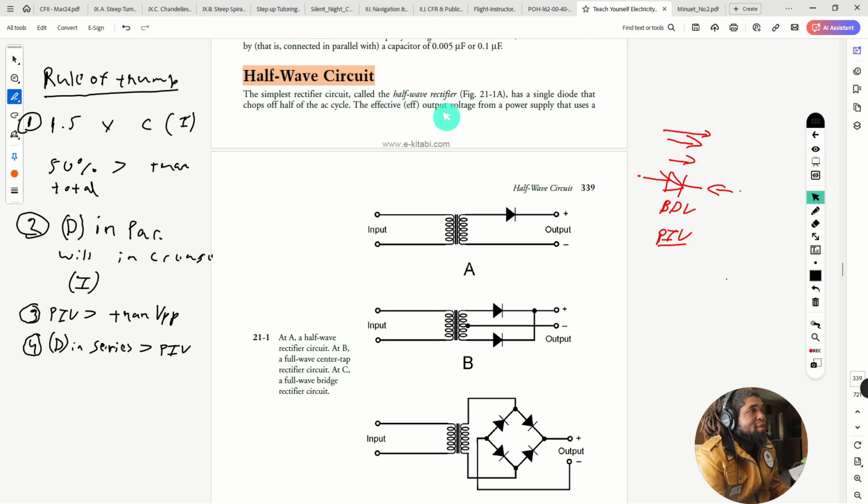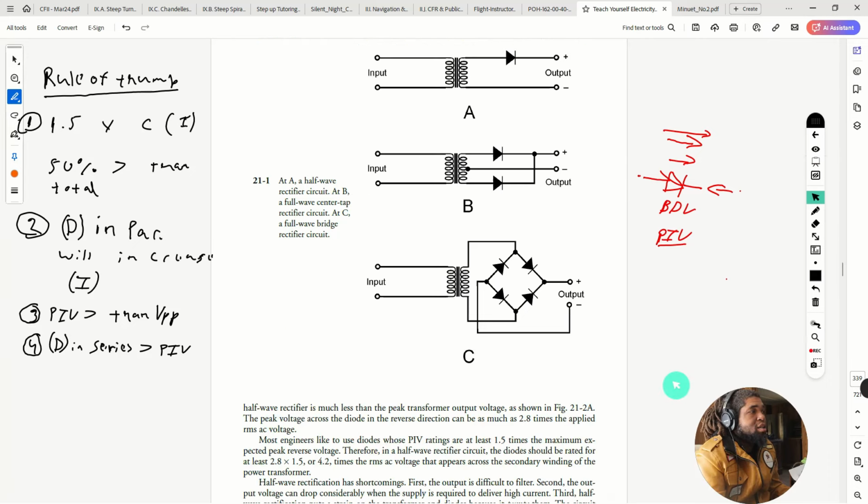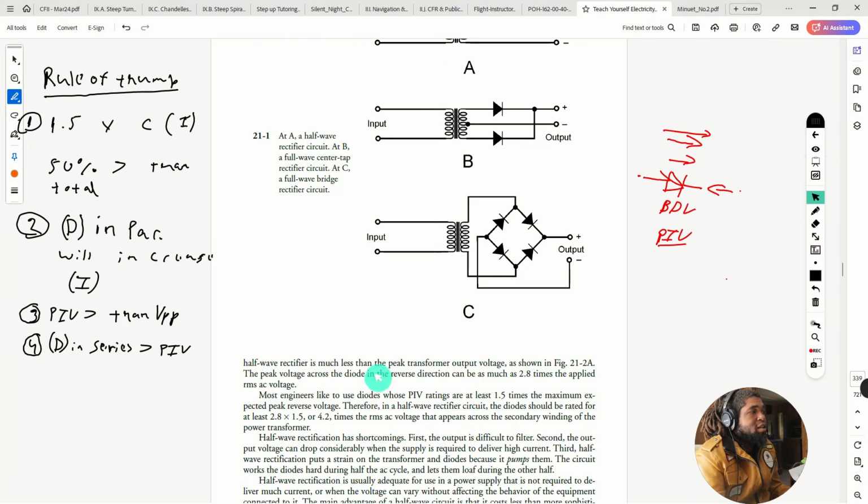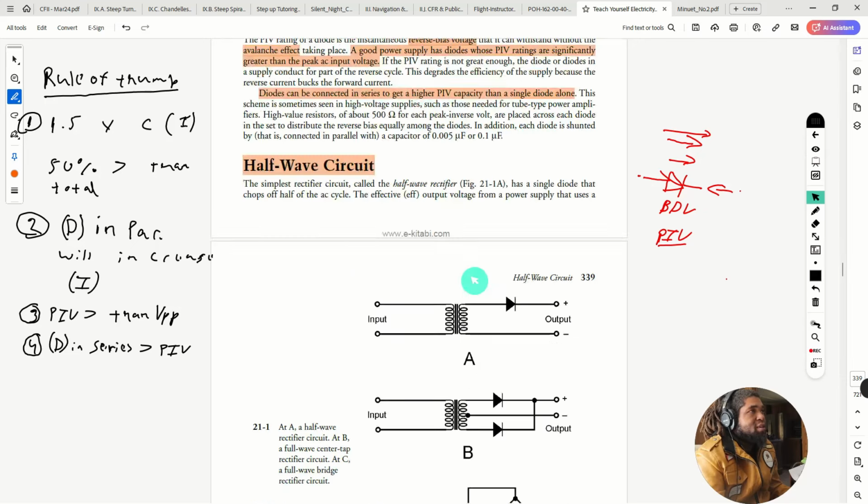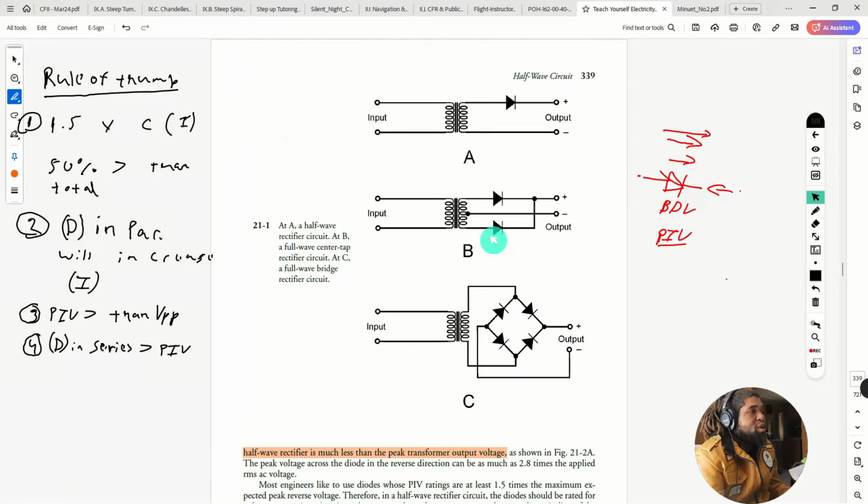The effective output from a power supply that uses a half-wave rectifier is much less than the peak transformer output. Okay, so that's definitely something we want to keep in mind. The effective output is less than what that transformer can put out.